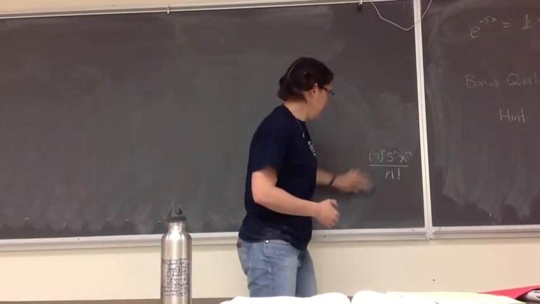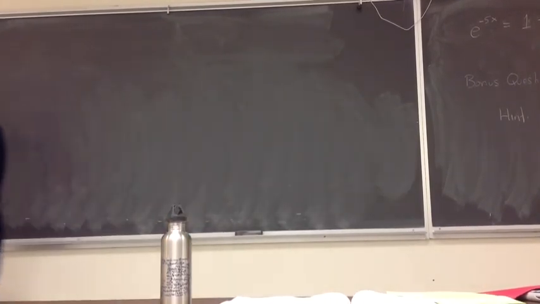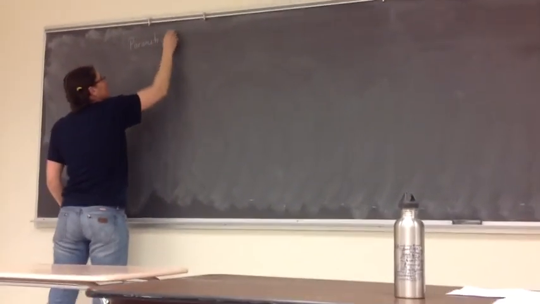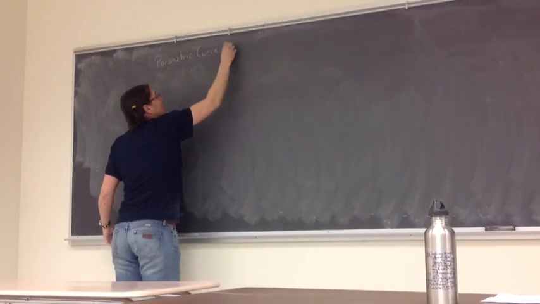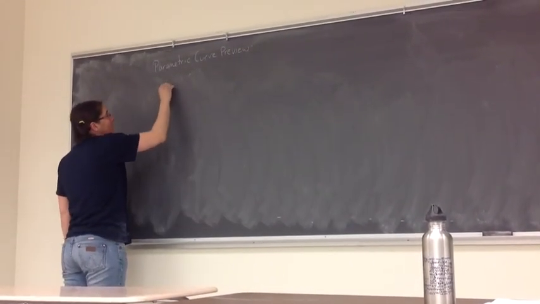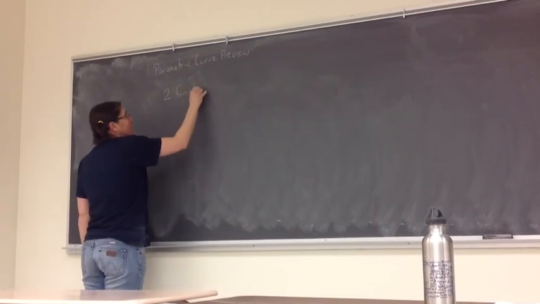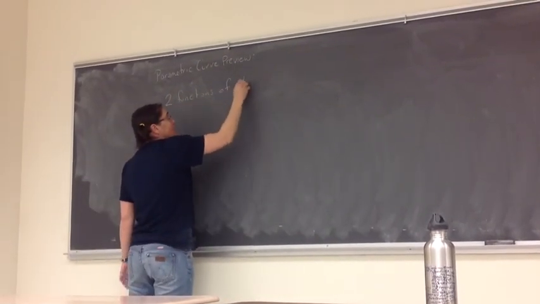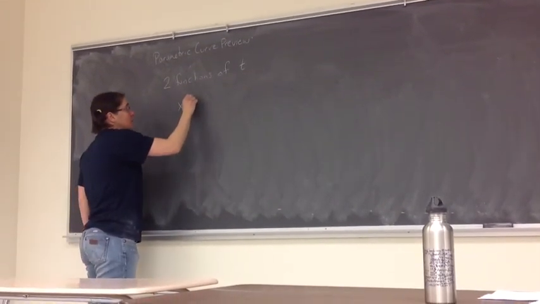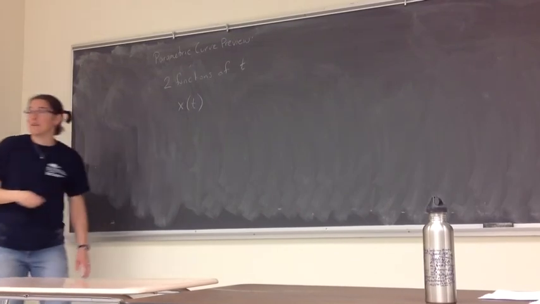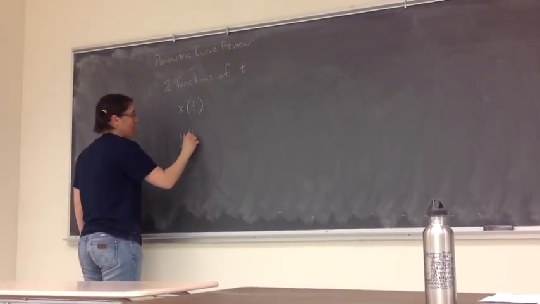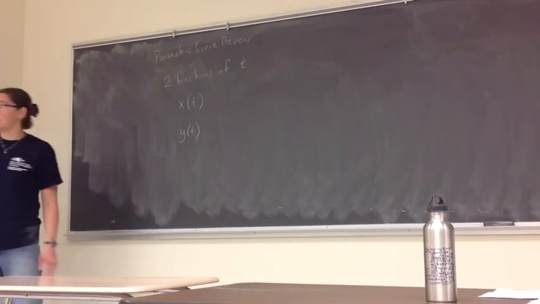So, for example, in a parametric curve preview, we have two functions of t. That first function, x of t, describes the horizontal direction, and we have a second function, y of t, which describes the vertical direction.